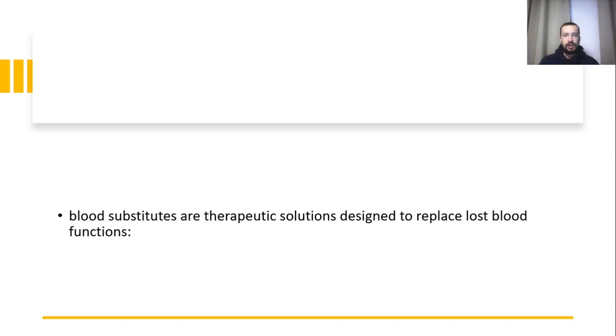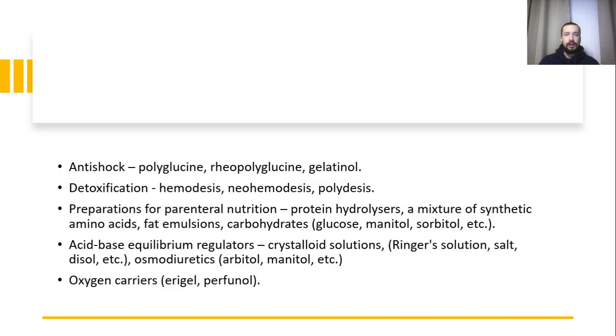Blood substitutes are therapeutic solutions designed to replace lost blood functions. Anti-shock group: polyglucin, rheopolyglucin, gelatinol. Detoxification: hemodez, neohemodez, polydez. Preparations for parenteral nutrition: protein hydrolysates, a mixture of synthetic amino acids, fat emulsions, carbohydrates.